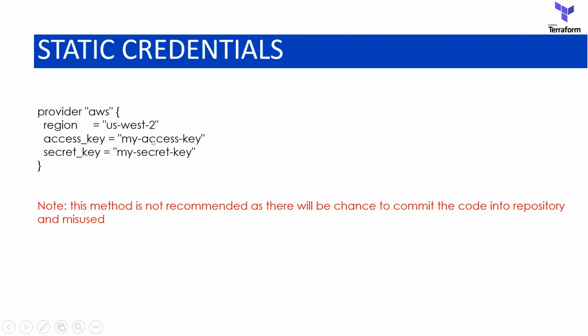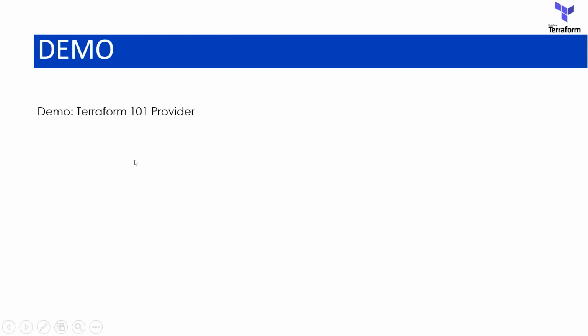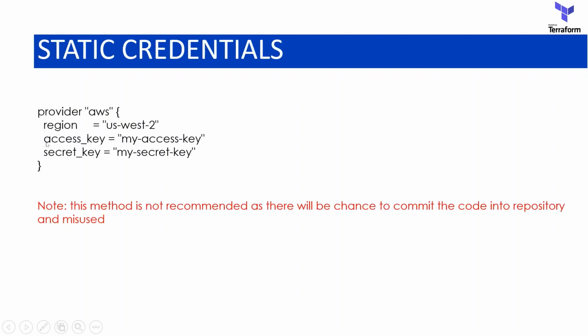Once you check in this code, there is a possibility of it being committed to a public repository, and your access key and secret key being misused. So this way is not a recommended way. Note this method is not recommended as there is a chance of committing the code to a repository and misuse. So let's do the demo. Before that, we have to understand what the access key and the secret key are.